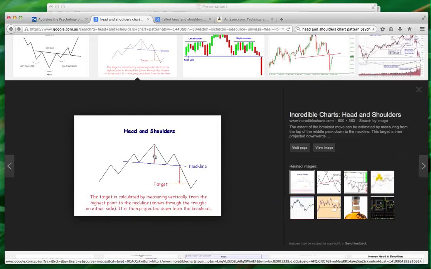Humans like to work in that kind of way: I see this pattern, this then happened, the pattern must have caused it. Humans like to work in that simplistic manner. But as traders, we have to get away from these rules of thumb and move to more reliable methods and analysis. If we doubt the psychology behind these patterns, we cannot and should not use them.